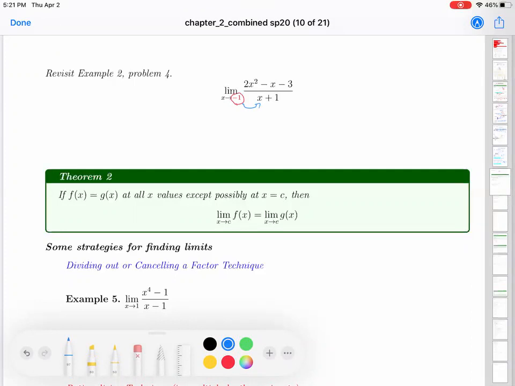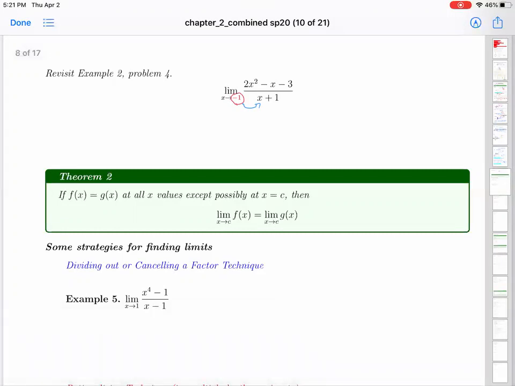What else can you do? In this case, luckily, I can do something else. I can try to factor the numerator out. If I factor it out, I will get 2x and then x over x plus 1. So when I factor it out, it should be x minus 3 times 2x plus 1, because -3 times 1 is -3.